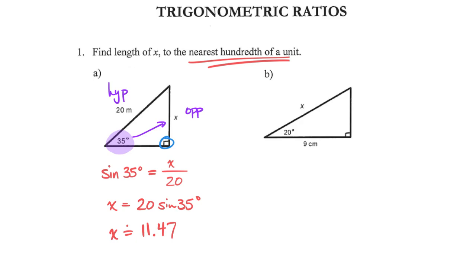If you have a backwards calculator, then you are probably having to punch in 35 sine, and when you hit that sine button, you're going to get a big ugly decimal that pops up on your screen. Now you have to hit times 20 equals, and that's going to get you your value.